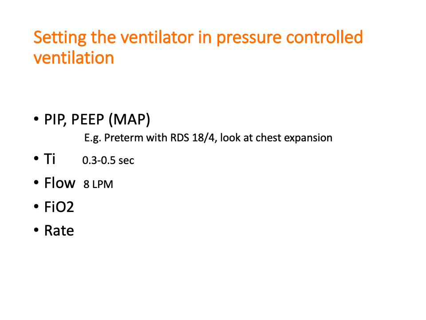And if you're going to set the pressure of a preterm, for example with RDS, 18/4, mainly you need to look at different things like the chest expansion and different parameters like saturations and the blood gases and lots of things. You're going to set the I time between 0.3 to 0.5 seconds, and the flow of the ventilator should be 8 liters per minute at least. And you're going also to set your rate and your FiO2.